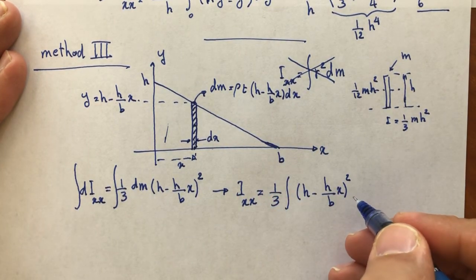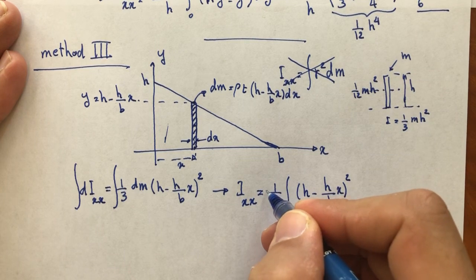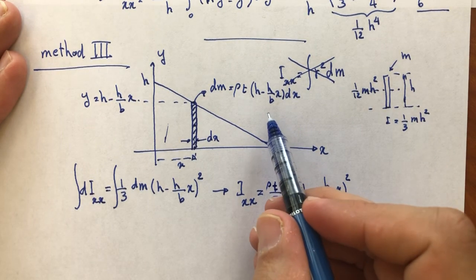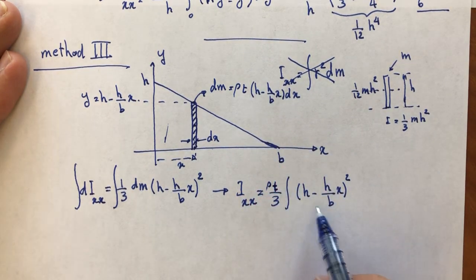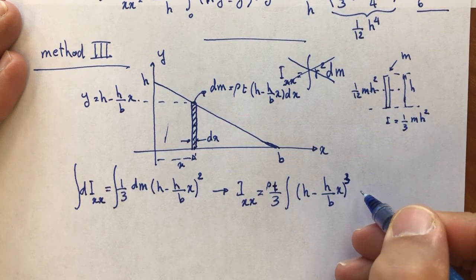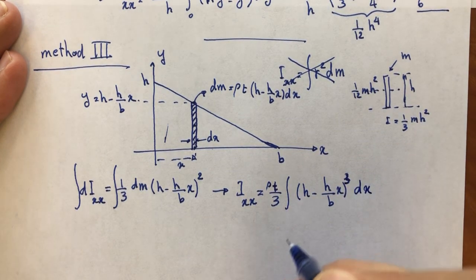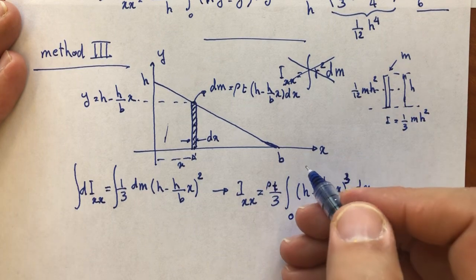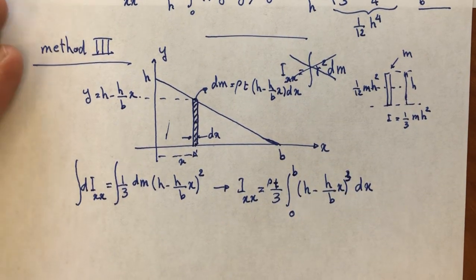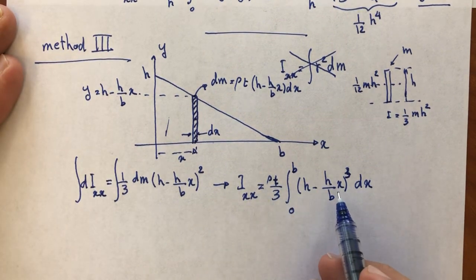So it's going to be: rho t is a constant number, so I can take it out of the integral and put it here, times this value, the same thing, so it's going to be cubed, times dx. And x goes from 0 to b, which is again similar to the previous integrals that we did.